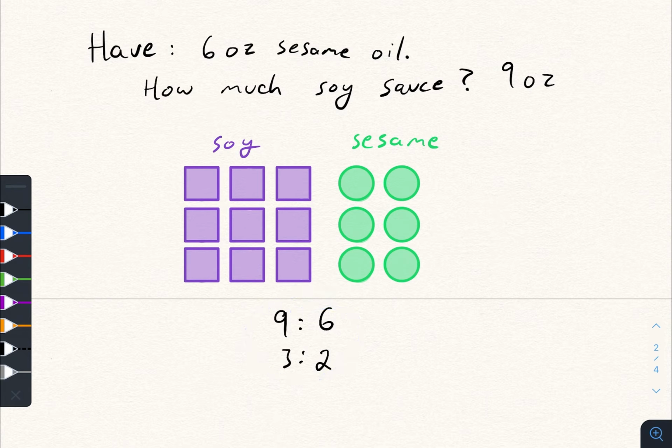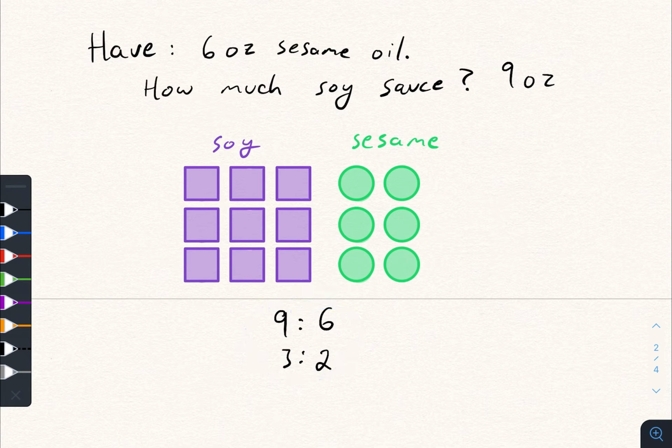We say that this ratio and this ratio are in proportion, and we would just write it with an equal sign in the middle. The definition of what it means for ratios to be in proportion is basically just that the fractions are equal.